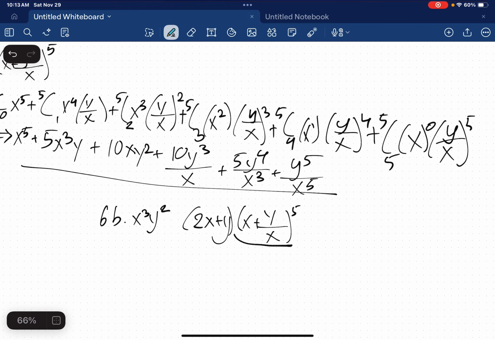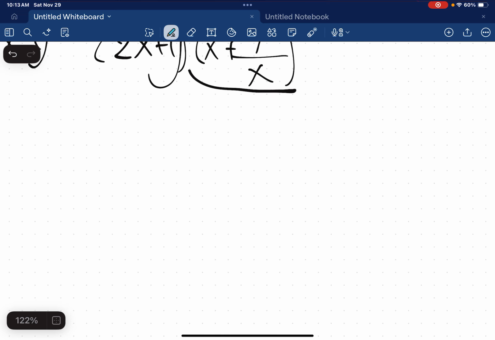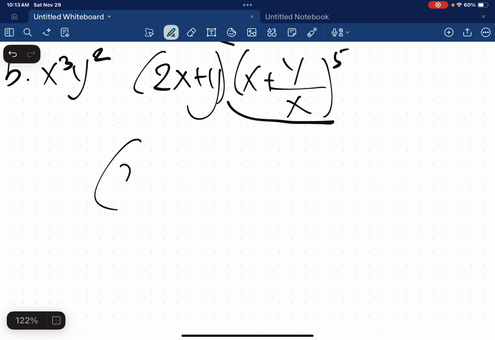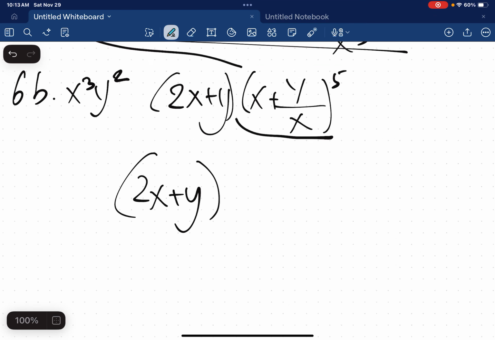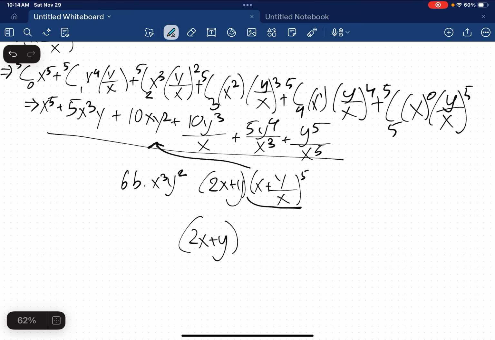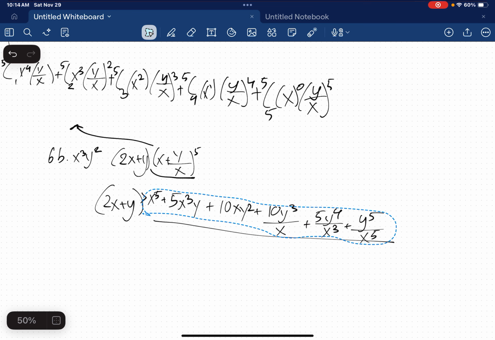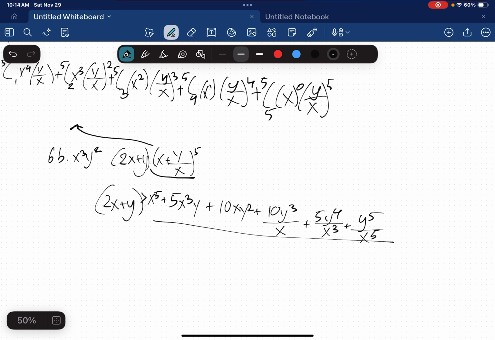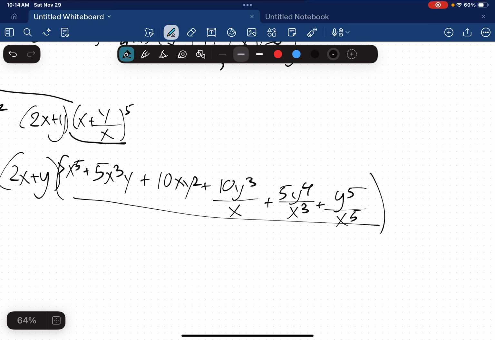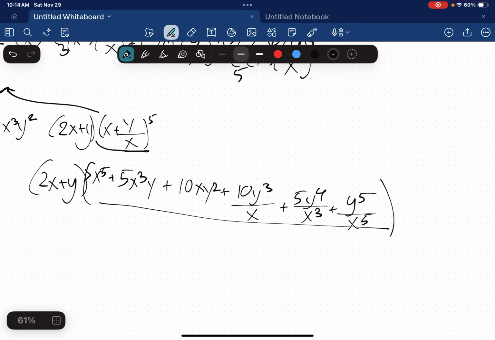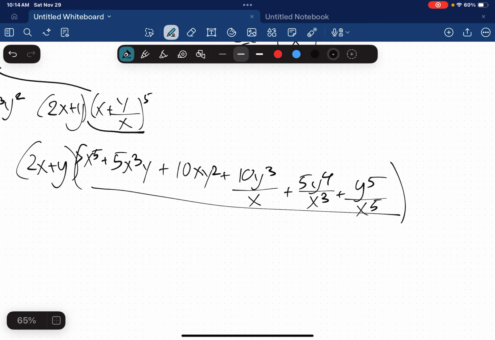Remember what we said earlier. This entire thing is just going to be equal to what we just proved earlier. So that means you can set this as 2x plus y. And I am not rewriting this entire thing, so just give me a second to lasso this all around. Just make sure nothing got taken away. Okay, yep.